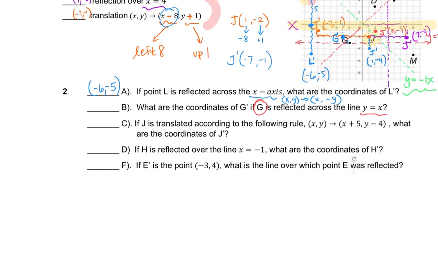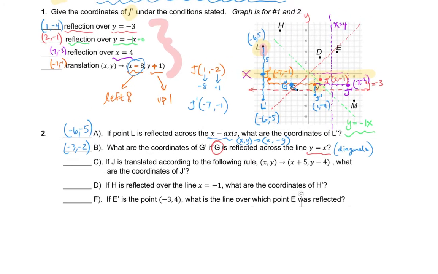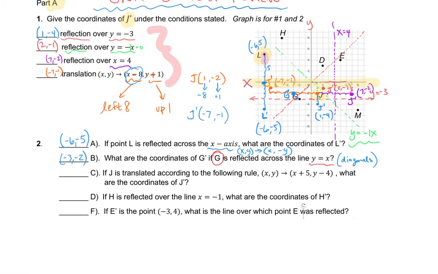So remember, when you have y equals x, you're dealing with diagonals. You're counting diagonals. We said (-3, -2). The other way to do that one is to use the rule. Y equals x is an easy rule. The y equals x rule says all you do is switch the y and the x, and that makes sense because y equals x.